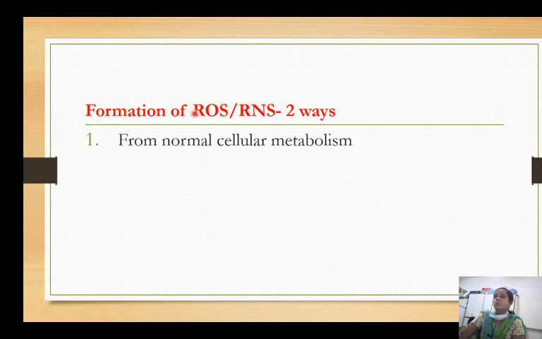These can enter into our body in two ways: from normal cellular metabolism, sometimes the normal cellular metabolism itself will be generating these free radicals or reactive oxygen and nitrogen species, or due to environmental effects. So the normal cellular metabolism itself is capable of producing the reactive oxygen species.